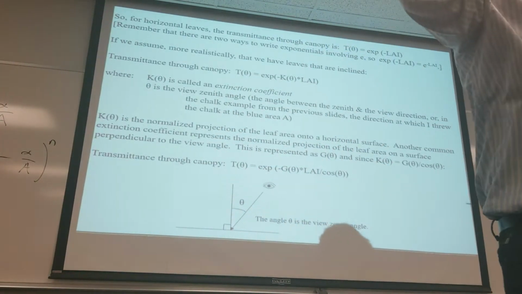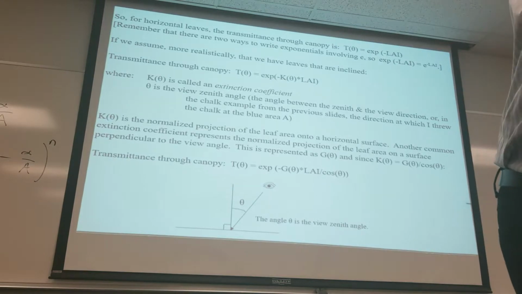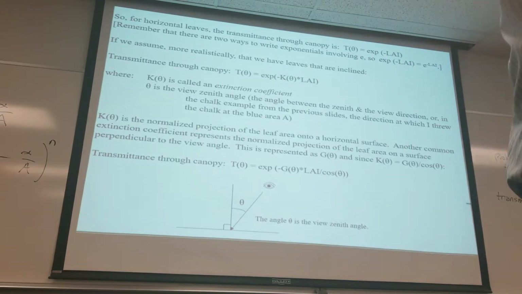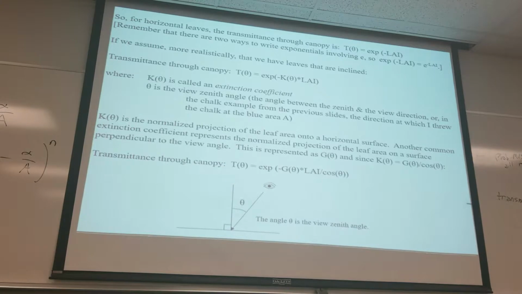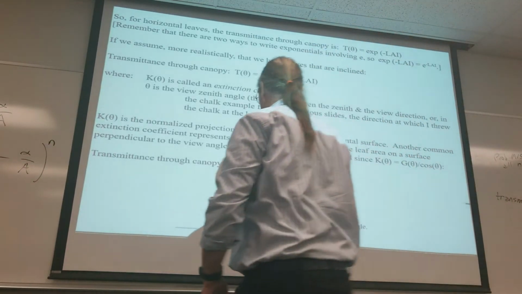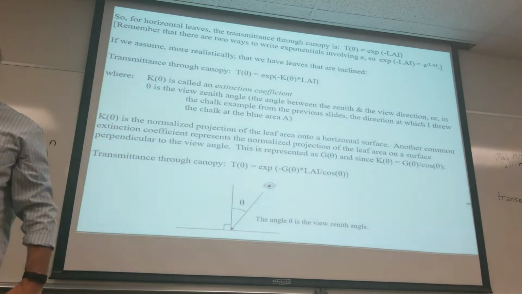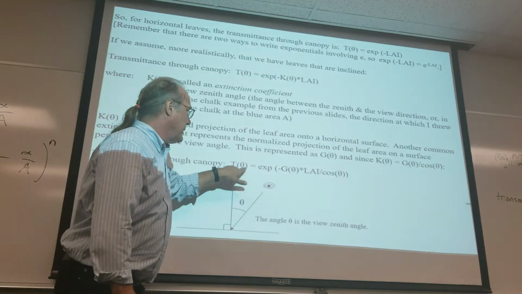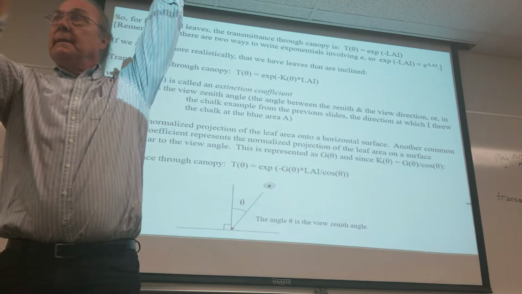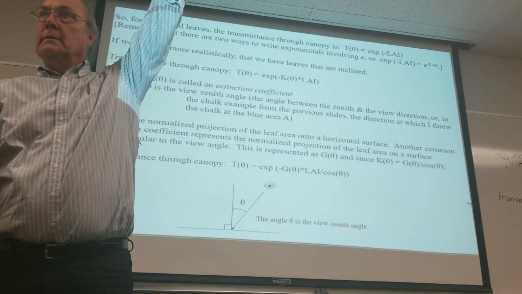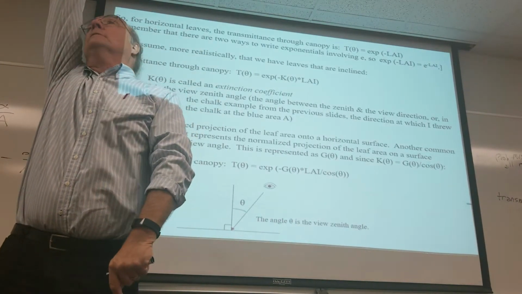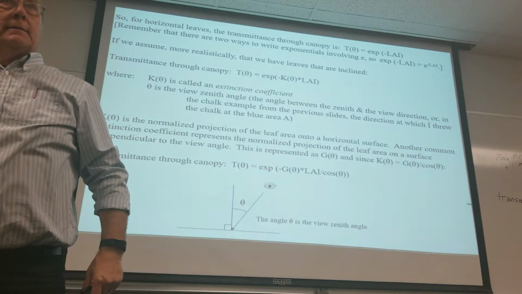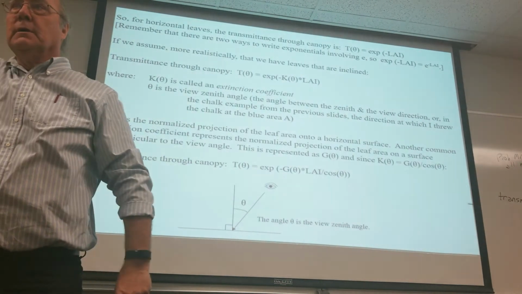So if I'm looking at a canopy like this, that view zenith angle is the angle between the direction I'm looking and going straight up from the point I'm looking at. If, on the other hand, we're talking about the sun, then this angle theta is what's called the solar zenith angle. Right, and so if the sun's directly overhead, that's 0. It's on the horizon at 90 degrees. Or usually it's somewhere in between.